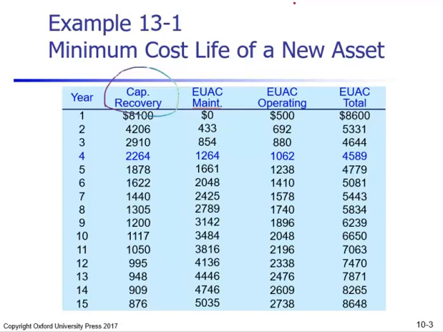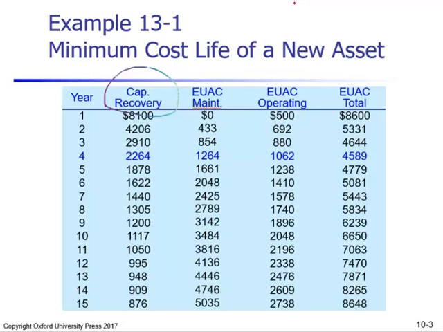So it says in year 1, capital recovery. And what does it mean in year 1? If the project lasts for 1 year, and the salvage value will be considered here. Year 1, if the project life is 1 year, the capital recovery is 8,100.